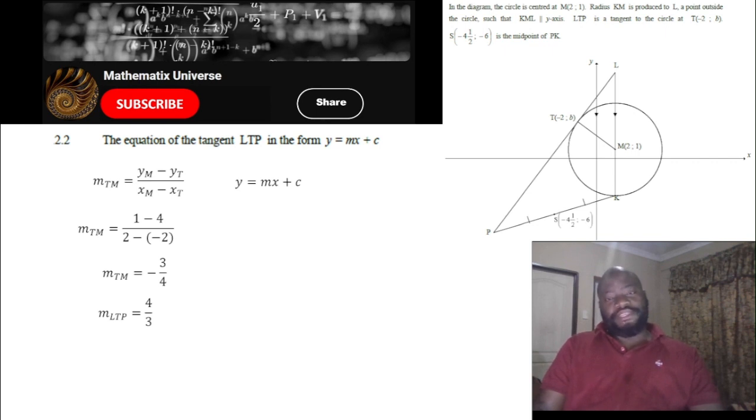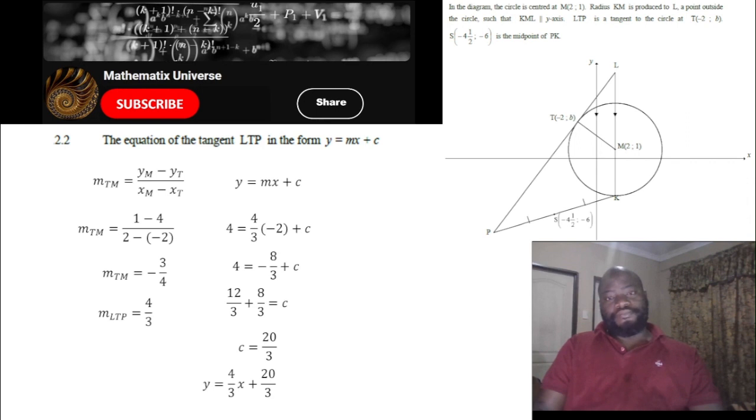In the y equals mx plus c equation, we'll substitute the point T and the gradient that we just found. And we will simplify, we get that, take the minus 8 over 3 to the other side, becomes positive. Then the 4 I've changed to 12 over 3, so that they are fractions of common denominators. And we add them, we get c equals 20 over 3. The equation then becomes y equals 4 over 3 x plus 20 over 3.